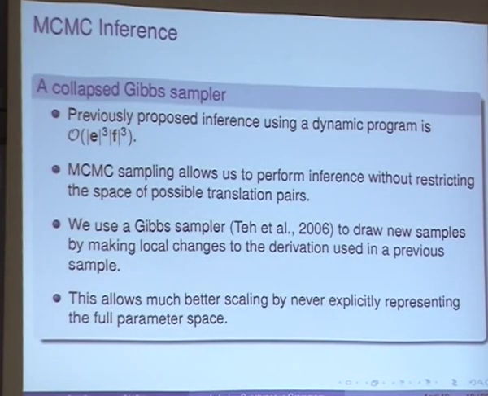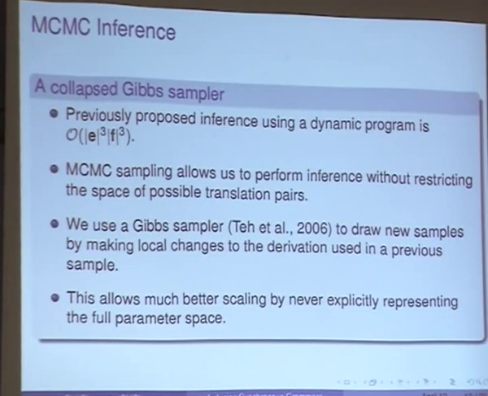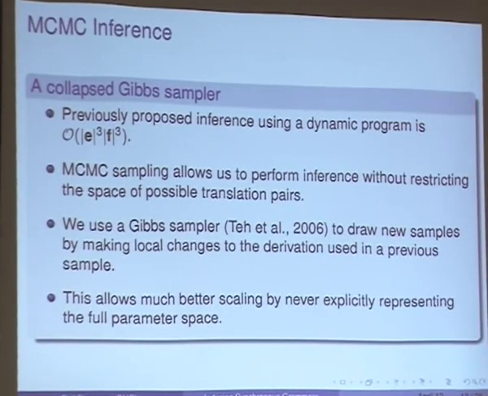So that's our model. Now again, we want to be able to learn this model from data. So we're going to use, again, a Gibbs sampler, just like Trevor's been talking about in the previous talk. This is different to how people have tried to learn these models previously. They've used dynamic programming, and the problem with that is that we get this complexity, which is sort of in order n to the 6 in the length of our sentences, and that's far too high.